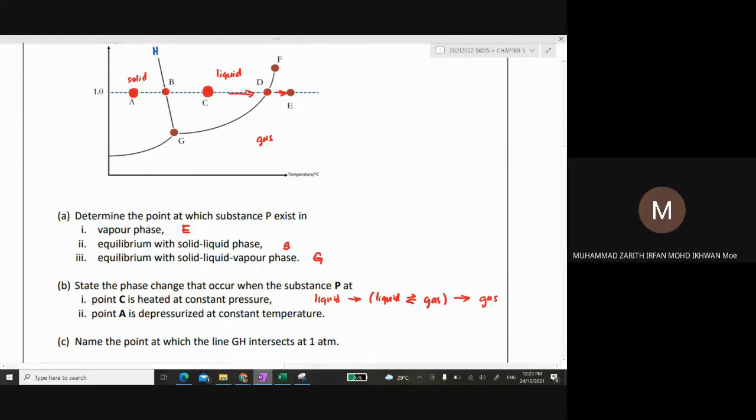Solid. Dia kata dia buang haba madam kan? Dia depressurize tu maksudnya dia tak serap haba kan? Bukan tak serap haba, dia kurangkan pressure, depressurize, decrease the pressure.